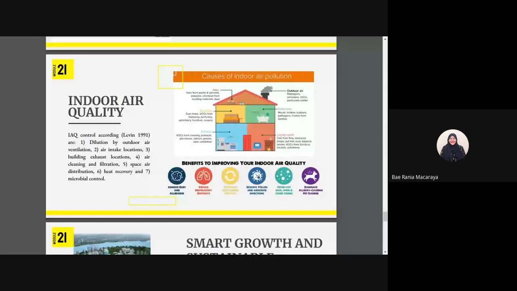Indoor air quality. IAQ control, according to Levine 1991, includes number 1, dilution by outdoor air ventilation, number 2, air intake locations, building exhaust locations, air cleaning and filtration, space air distribution, heat recovery, and microbial control. As you can see in the picture, these are some of the causes of indoor air pollution that are found in your homes. An example is air pollution found in your bedroom, such as dust mites, VOCs from hairspray, perfumes, upholstery, furniture, and carpets.